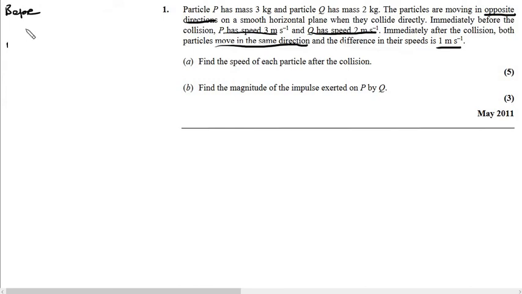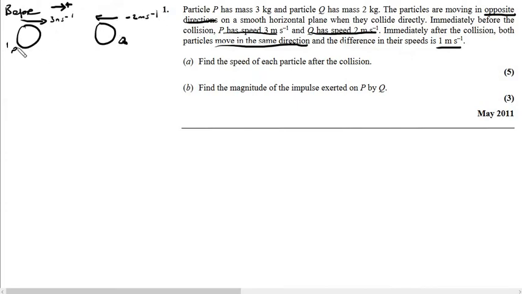So before the collision we have P moving towards Q, and Q moving towards P. So if we set left to right as being the positive direction, P will be moving with speed of 3 meters per second, and Q will be moving with a speed of negative 2 meters per second.